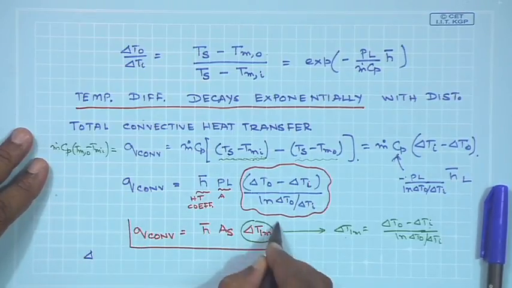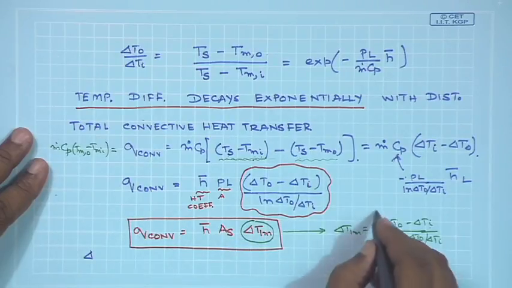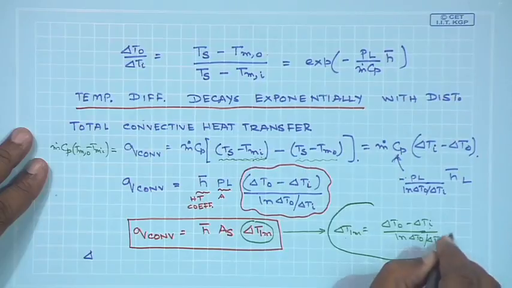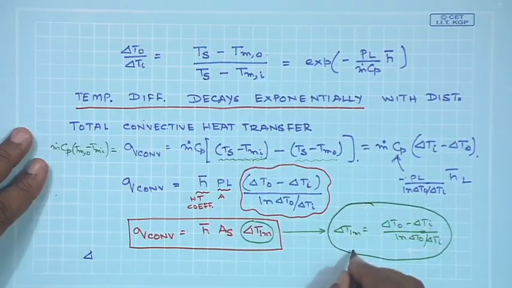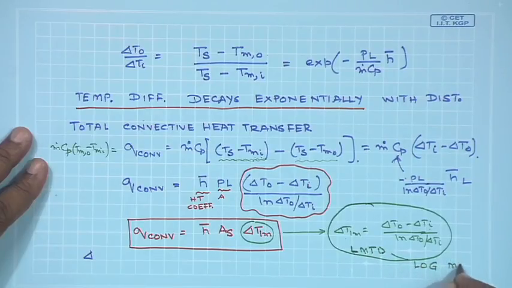We will expand a little bit on this, and we would see that this is the important relation over here, and this is the definition of the log mean temperature difference, which is also called LMTD, log mean temperature difference.